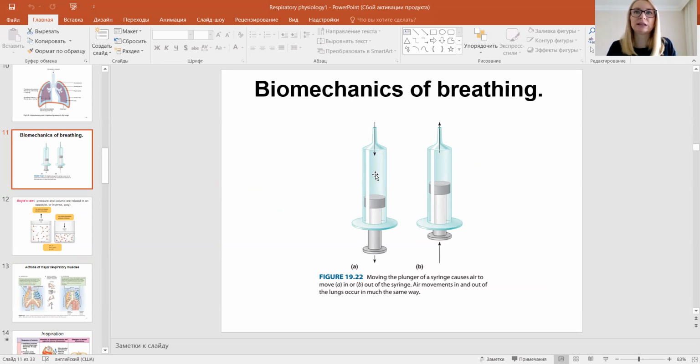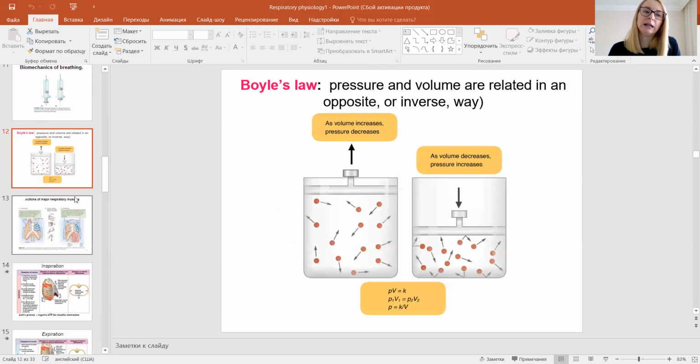Atmospheric pressure then pushes outside air into the syringe. The opposite occurs in case of pushing on the plunger of a syringe, which reduces the volume inside the syringe, but the pressure inside increases, which leads to forcing air out into the atmosphere. So the movement of air inside and outside of the lungs occurs in much the same way.